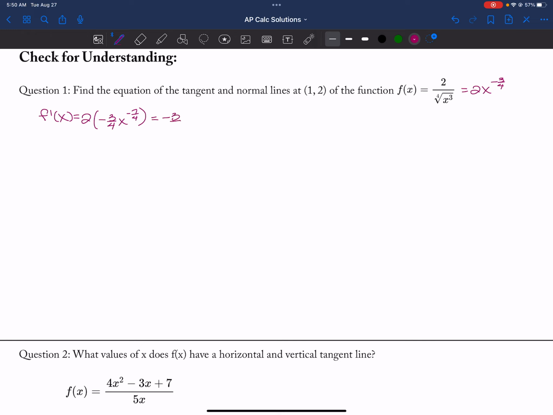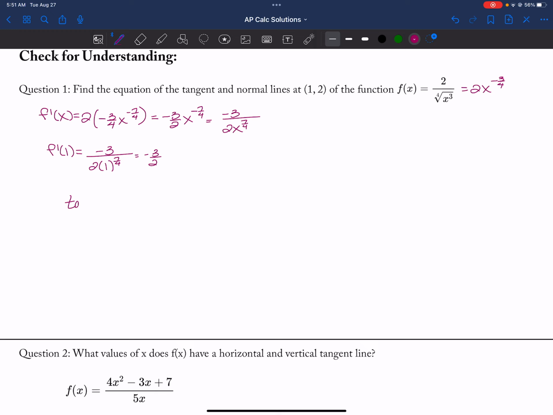Negative 3/2 x to the negative 7/4. So I want negative 3 over 2x to the 7/4, and I want to do this at x is equal to 1, which is basically just 3/2. So negative 3/2. So that's the slope of the tangent line.